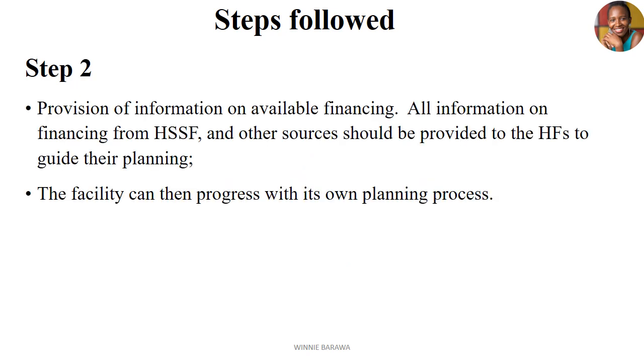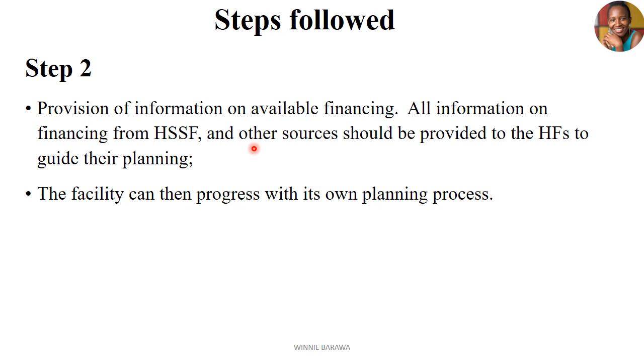Second step, after getting the data from the facilities, they sit down and provide information on available financing. Remember, in our previous lectures under investment planning, we said that financing could be available financing or probable financing. The available financing is what the government is providing in terms of resources to help in achieving the annual work plans.